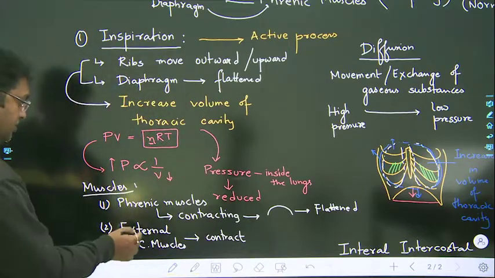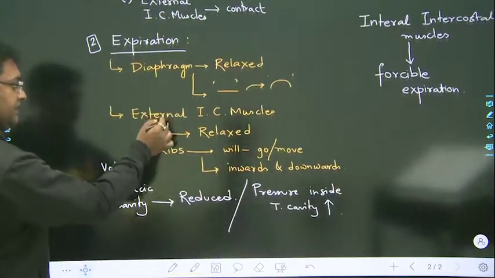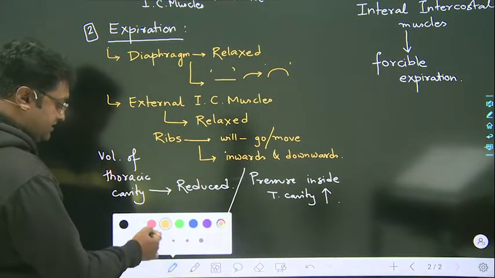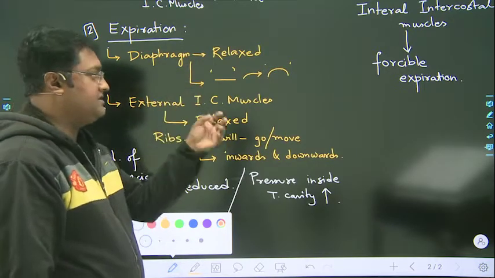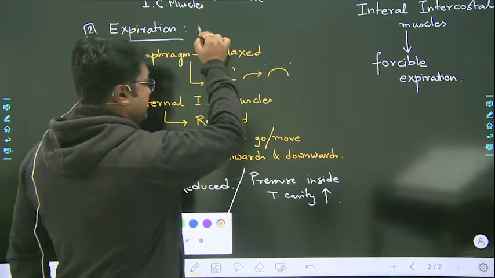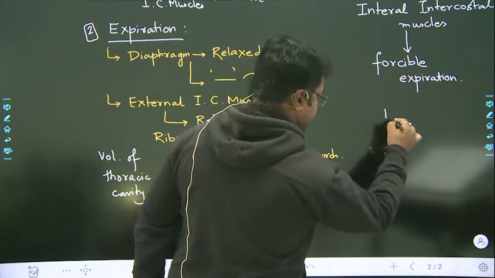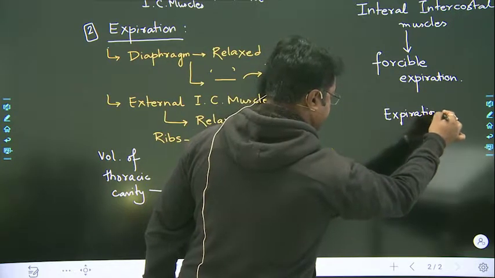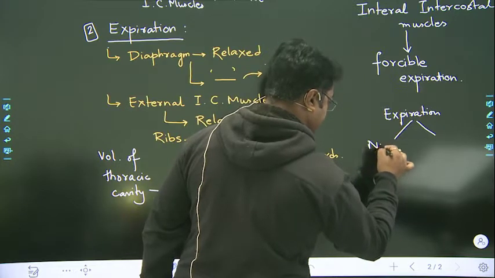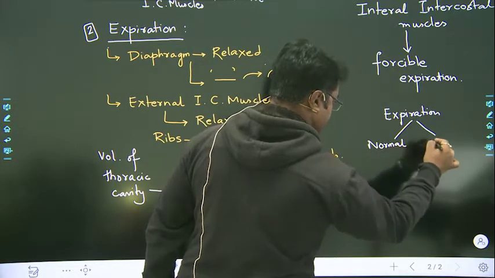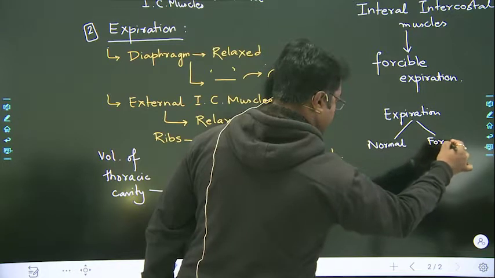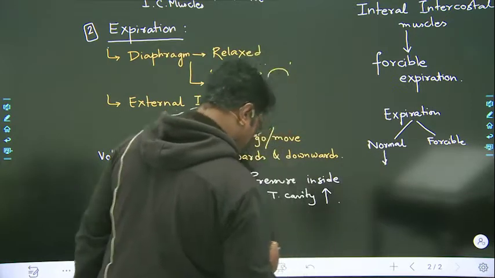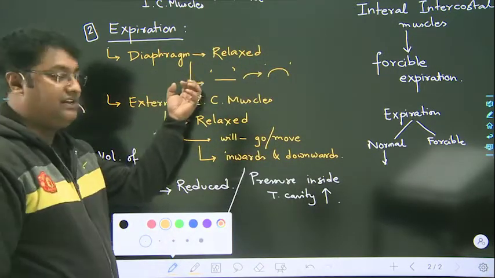Whereas if I talk about your expiration, then in expiration, both of the muscles are generally getting relaxed. Expiration can again be of two types: normal expiration and forced expiration or forcible expiration. In normal expiration, both the muscles are generally in a relaxed mode.